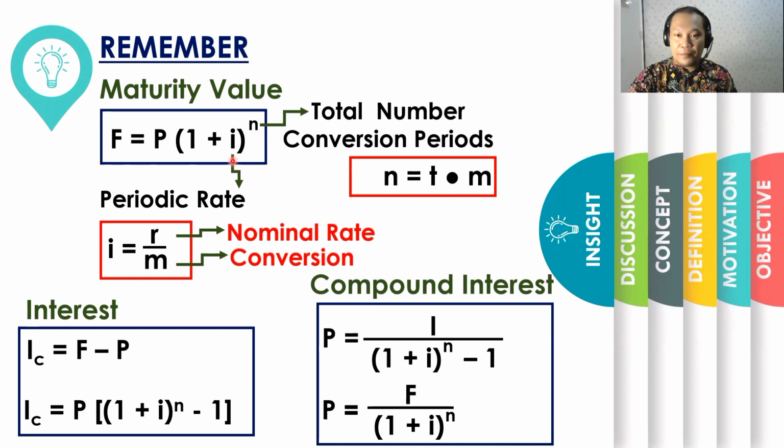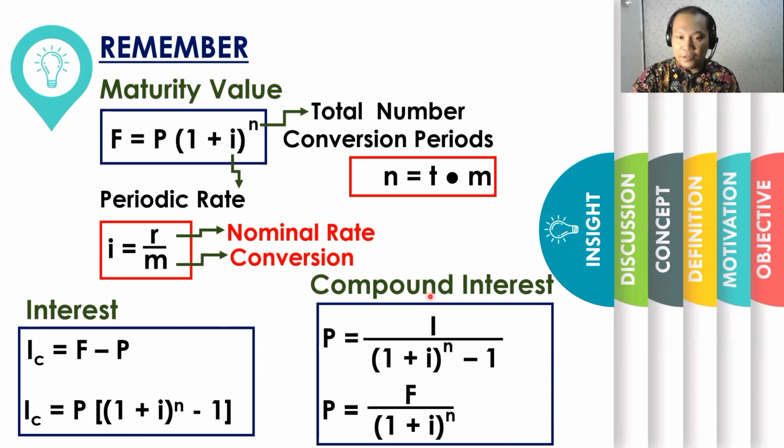To find the periodic rate, we have R, the nominal rate, divided by M. And to find the interest, the first is the basic formula, maturity value minus the principal. And if the maturity value is not given, you are going to proceed with another formula if and only if the given is the principal value.